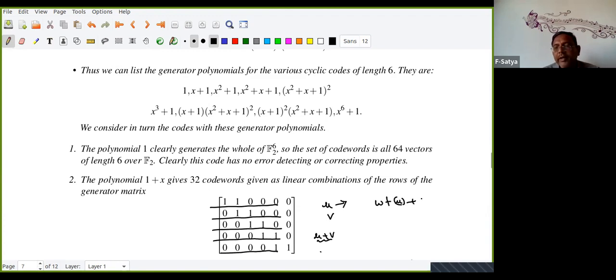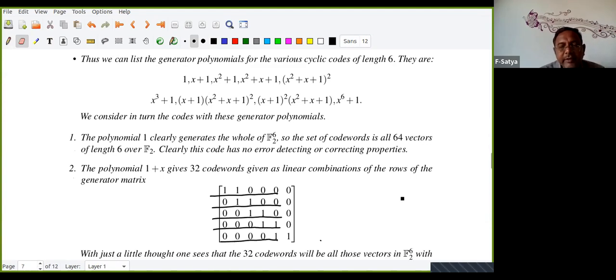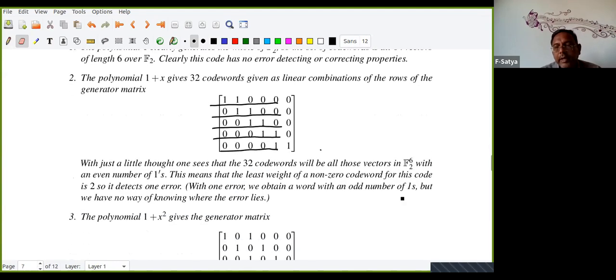Weight of U plus weight of V minus 2 times the weight of the product, the dot product, or the weight of the component-wise multiplication. So this is exactly that. I gave the explanation, so later you can check it. I wrote all the details carefully here.